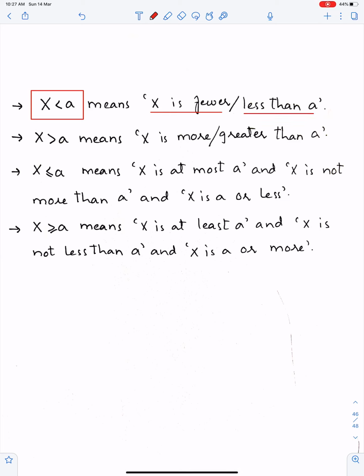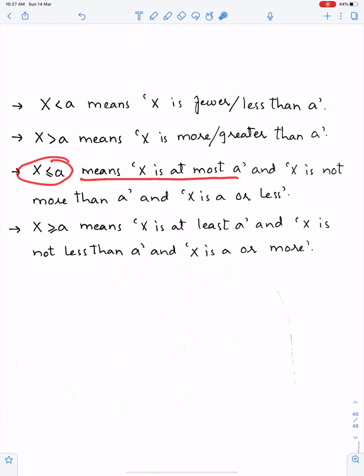This one is also simple. This means X is more or greater than A. X less than or equal to A means X is at most A, and this is very important. This means X is at most A, or you can say X is not more than A, or X is A or less.